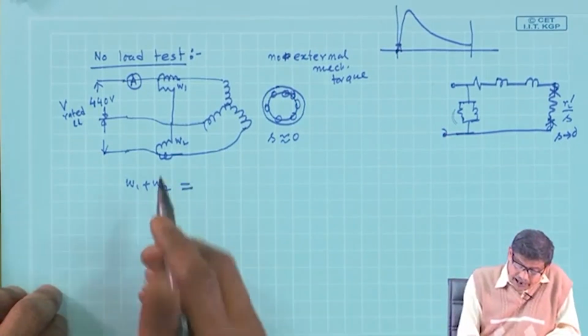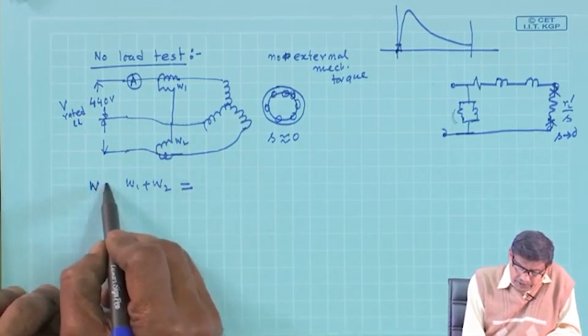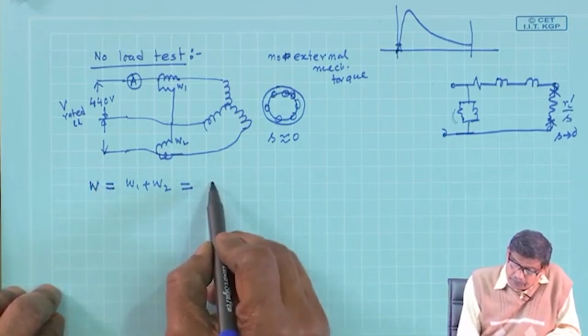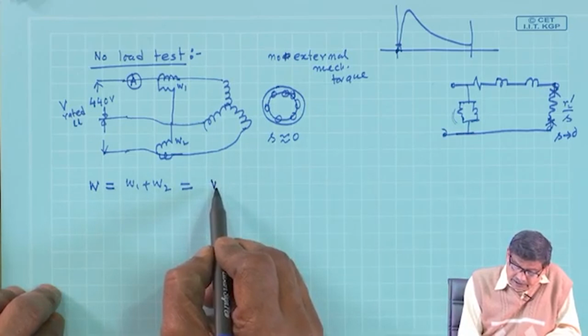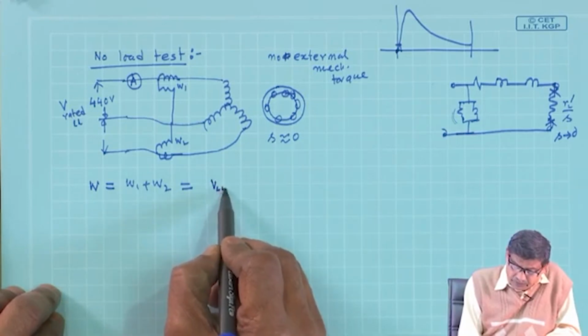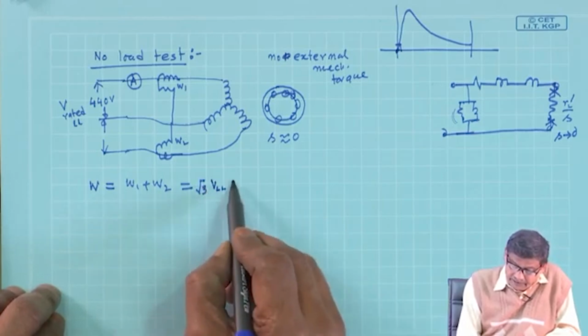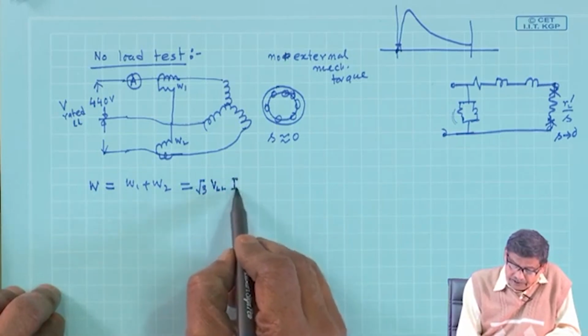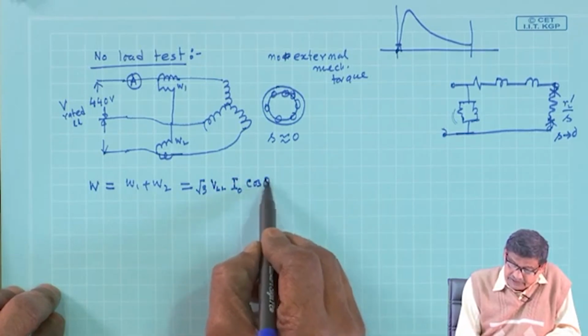What I can calculate, and this ammeter reading will be the, so let W be this. So, W will be root 3 VLL, if it is line to line voltage, no load current I naught, and no load power factor cos theta naught.